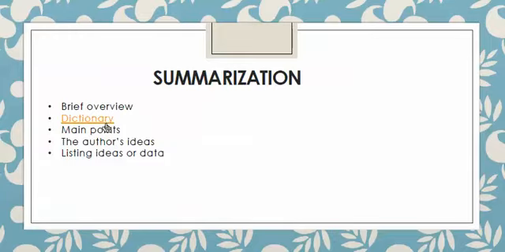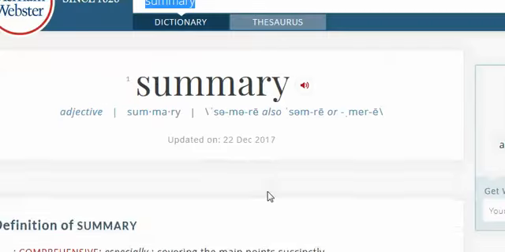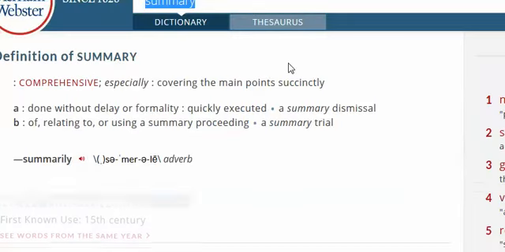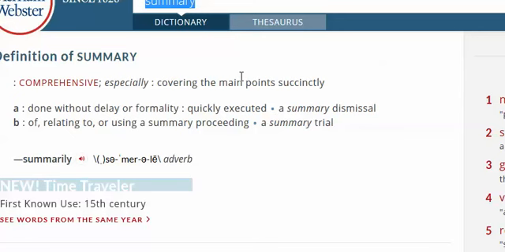The dictionary definition is, it's covering the main points. The main points would be 10 out of 20. That meant that the student received 10 words correctly out of 20 for sight words. That would be a summary. Let's just use that.